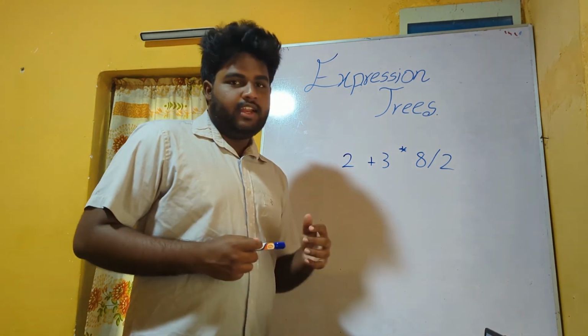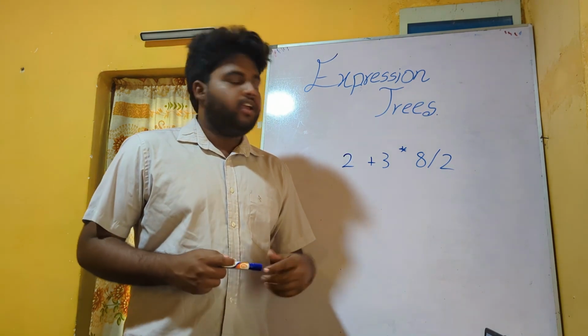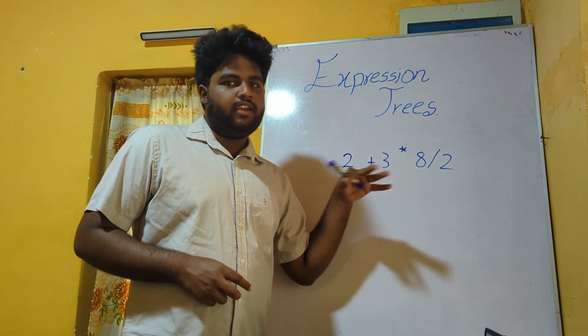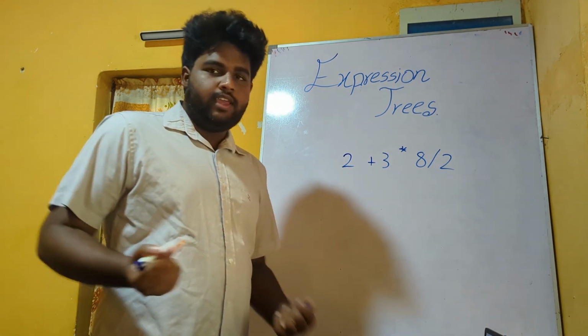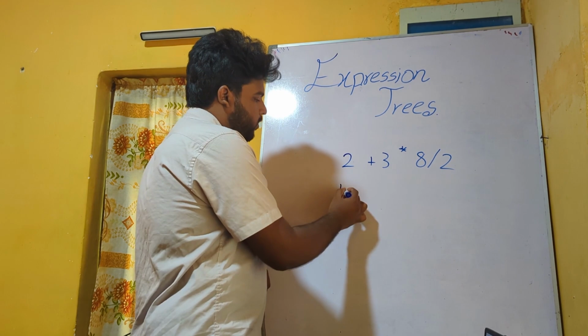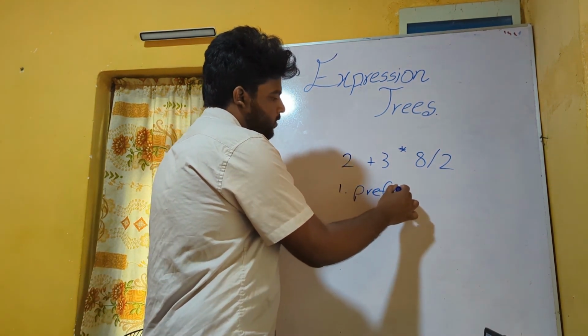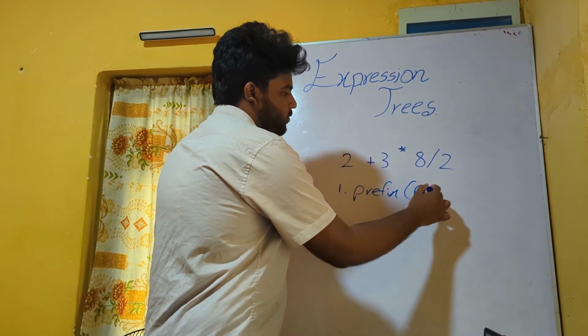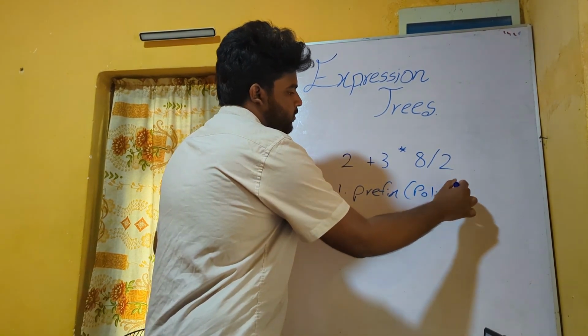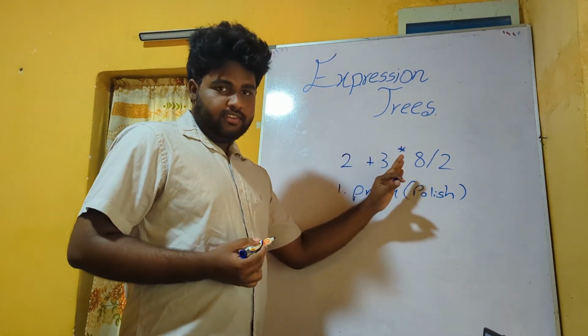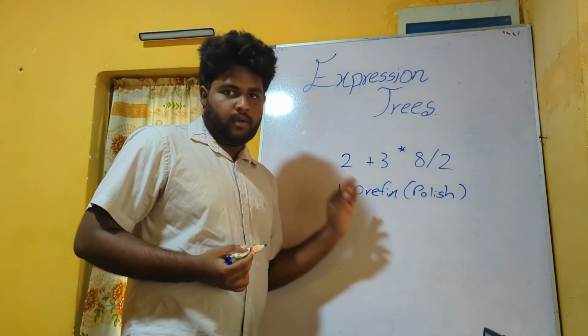So data scientists have introduced two more methods to avoid this precedency and associativity. The first way is called the Polish way, also known as the prefix expression. In here, the operators come before the operands.